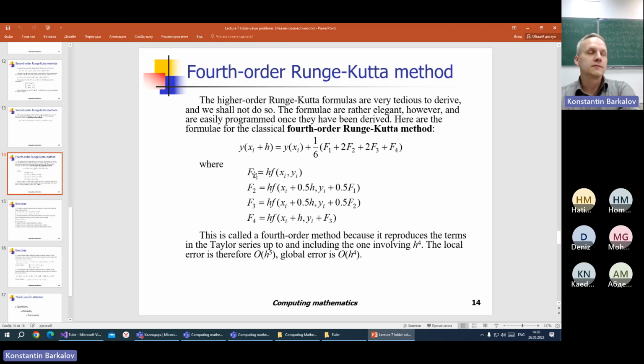It means that if you decrease the step 10 times, the error will decrease 10,000 times. Very, very powerful method.